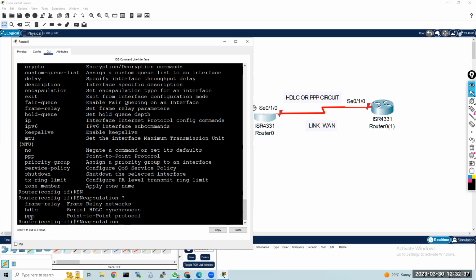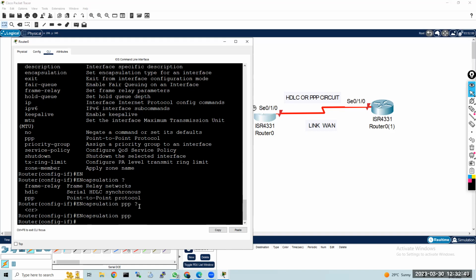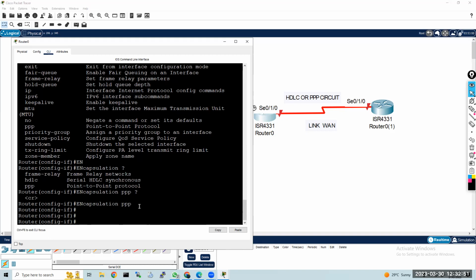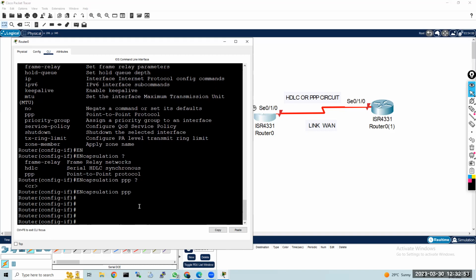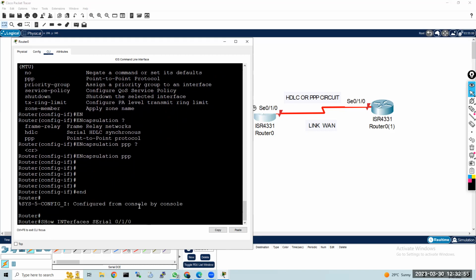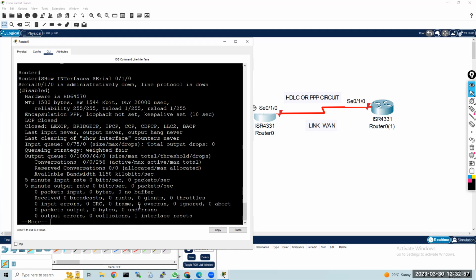What do you want to make: an HDLC link, PPP, or Frame Relay? Let's say I want to make this a PPP. That's it. Now if you check the same command, it has been changed to PPP.